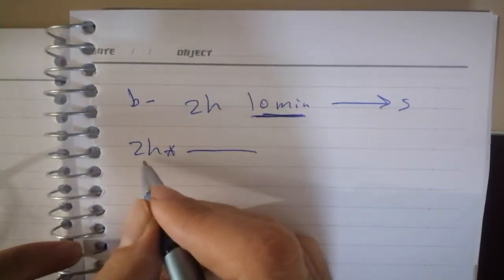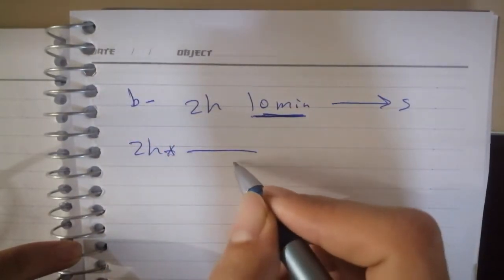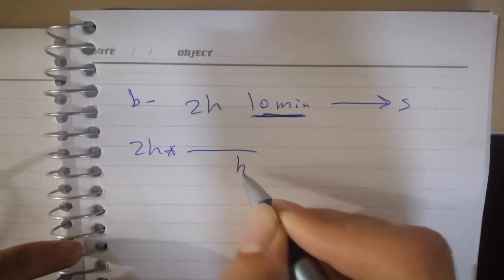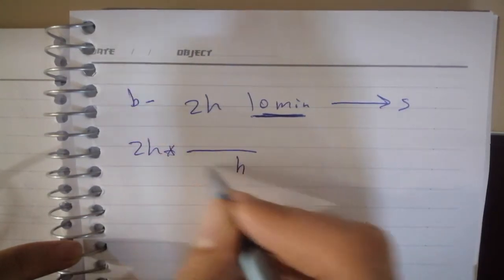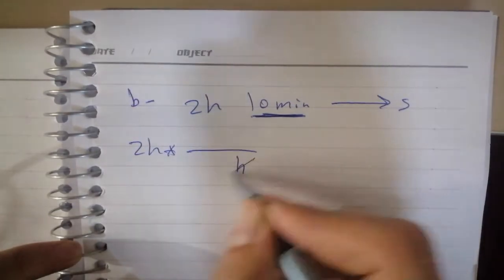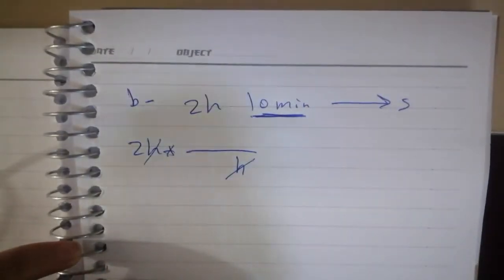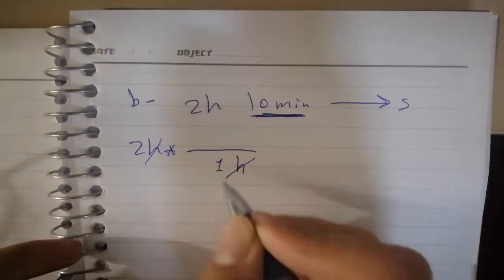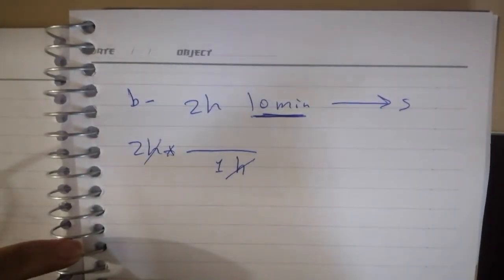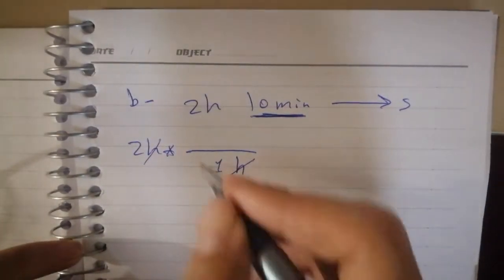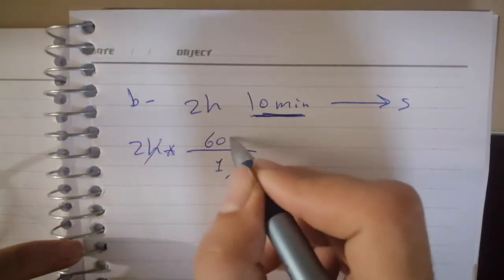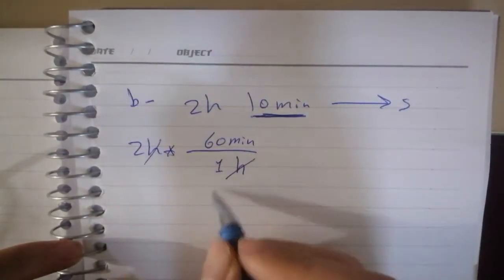2 hours to minutes, how am I going to do that? Simple. You just write down the input, and here you have the denominator, which has to have the same unit, guys. If this is hour, this has to be hour so that they can cancel out each other. Now, every 1 hour is how many minutes? Every hour is 60 minutes.